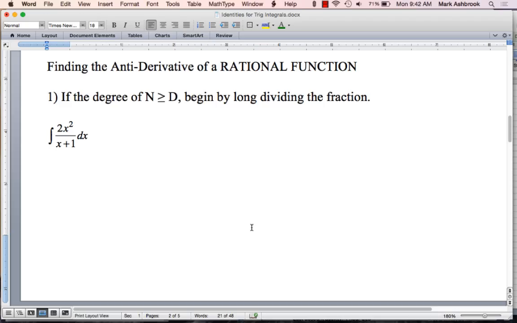Okay, what about you? Yeah. Right, in the denominator, if you had x cubed plus 1, then that would be right.